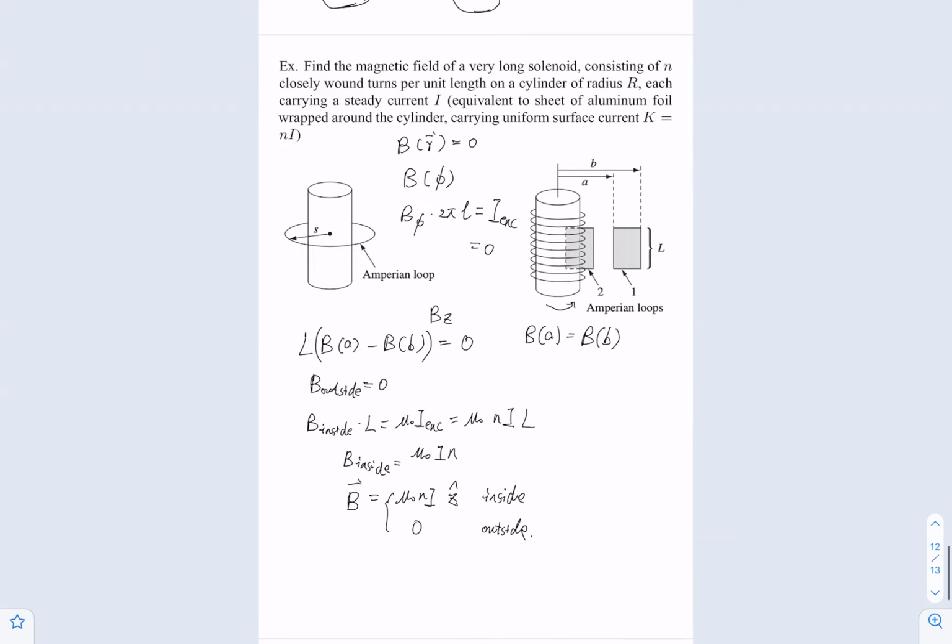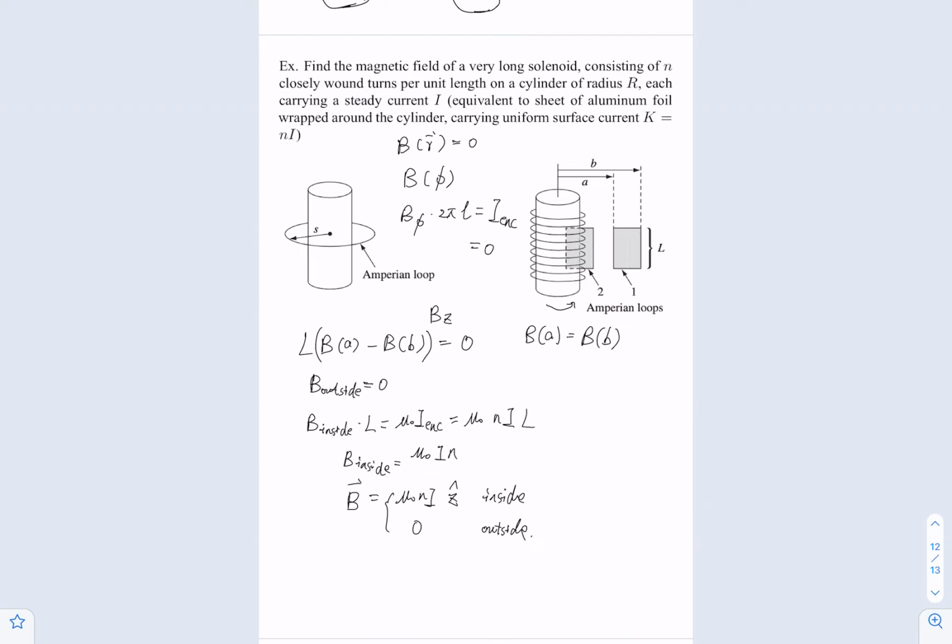So this solenoid is really special in the magnetostatic case. You see that outside of this solenoid, the magnetic field is strictly 0. And inside the solenoid, the magnetic field is actually a constant everywhere. So this is really a parallel example comparing to a capacitor in an electrostatic problem.